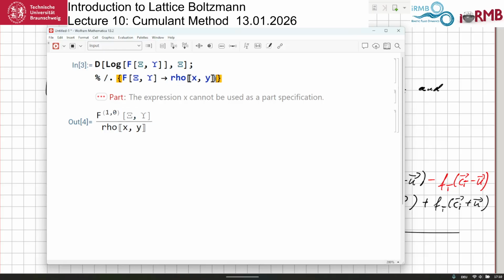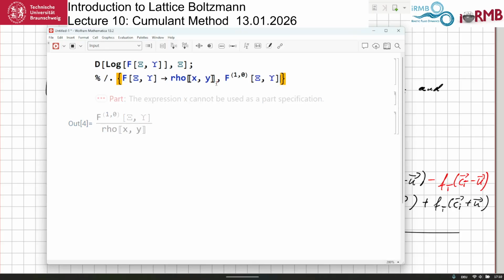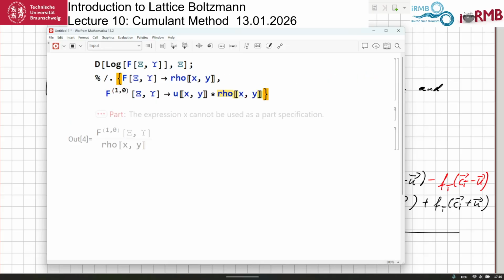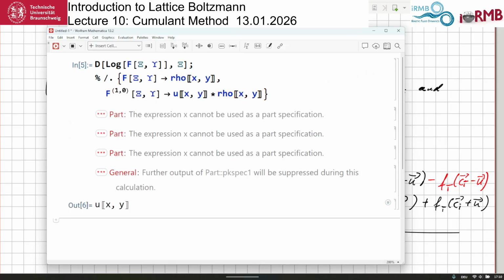So this is rho, and this here is supposed to be u, which again is in x and y times. Now this is important. This is actually u times rho. So it complains again, but you see we get out the velocity.